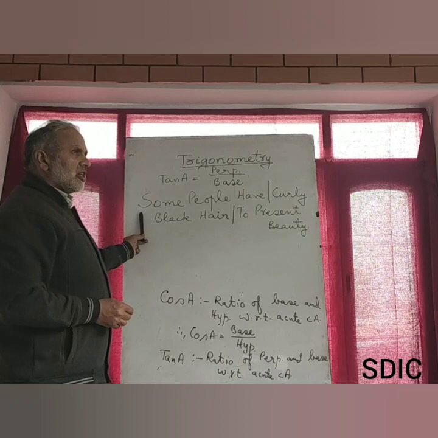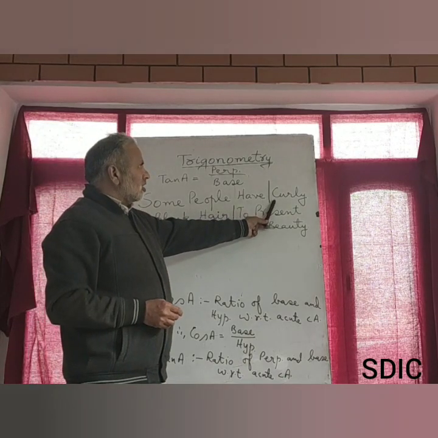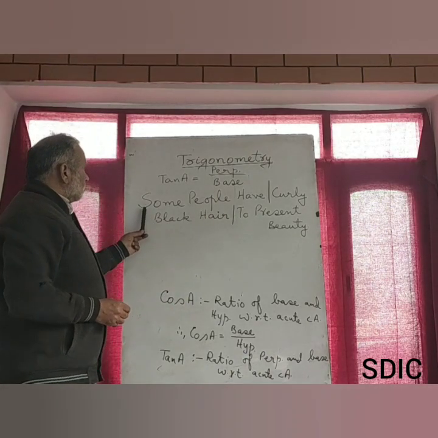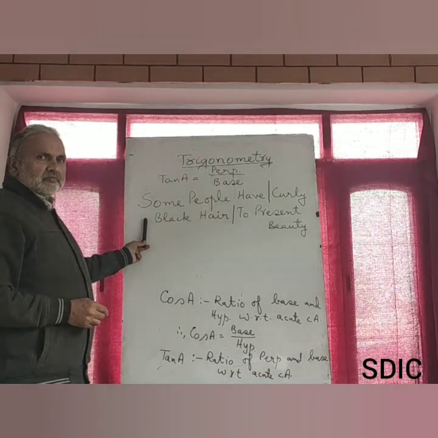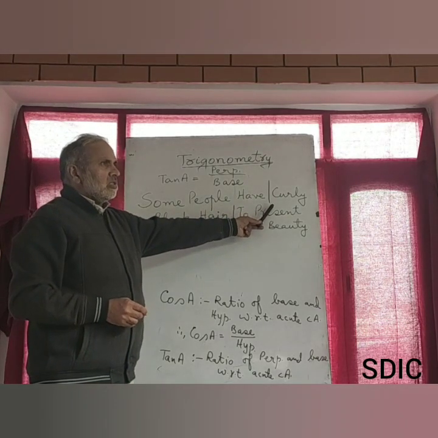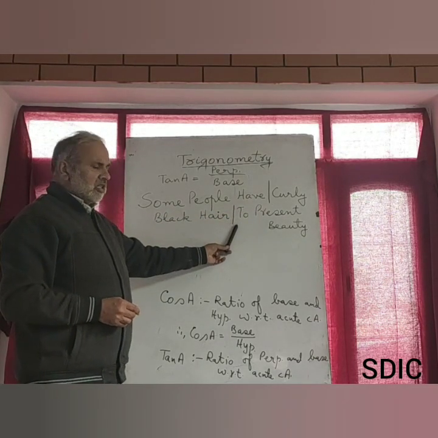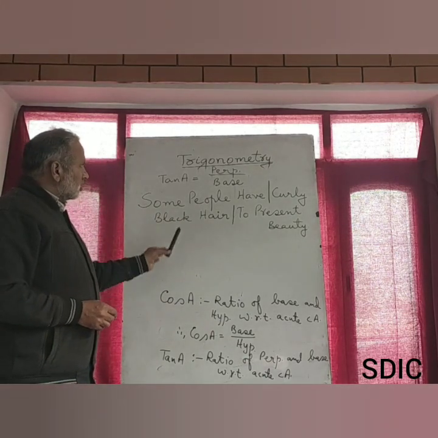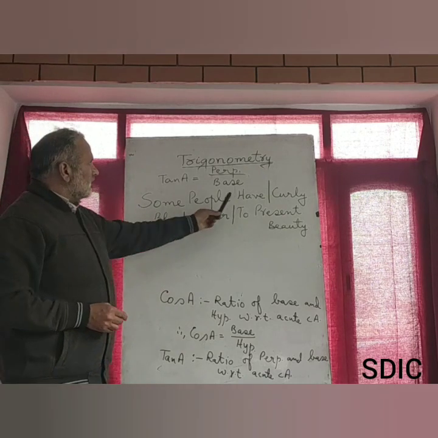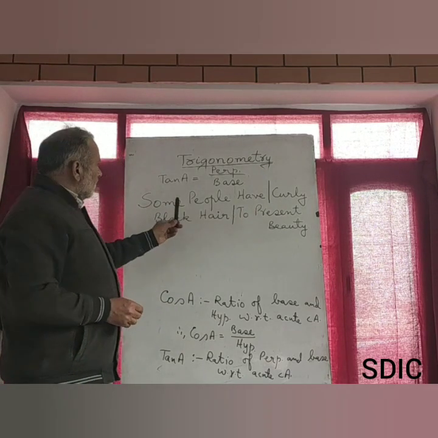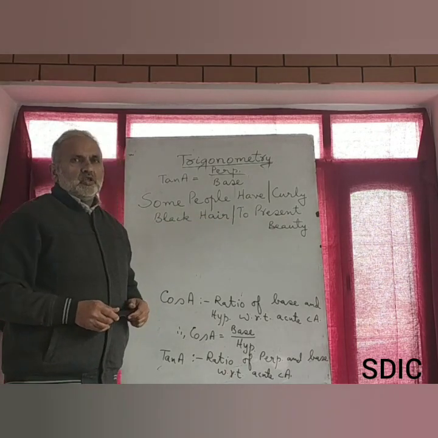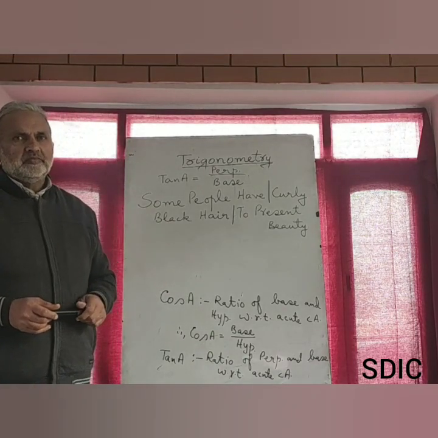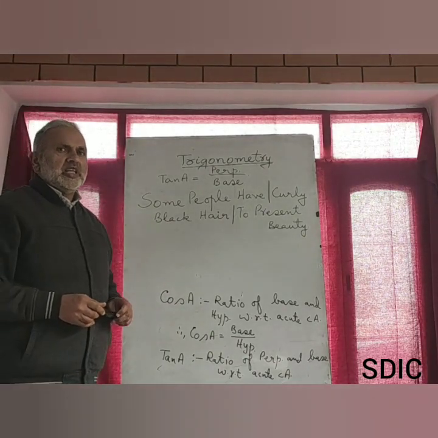So S represents a trigonometric ratio, C represents a trigonometric ratio, T also represents a trigonometric ratio. By S we mean sine, by C we mean cos, by T we mean tan. The 3 definitions which we have just now discussed are represented by these 3 words. The remaining 2 words in each group represent the sides of the right triangle.